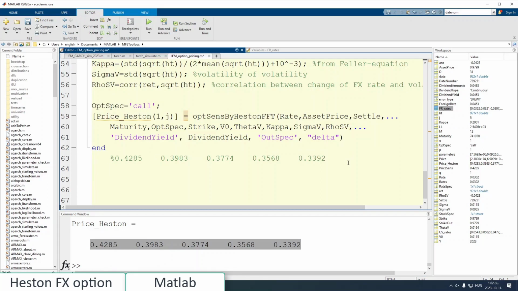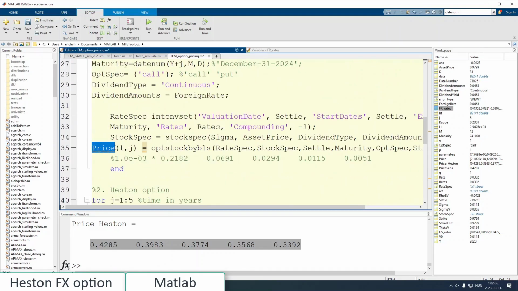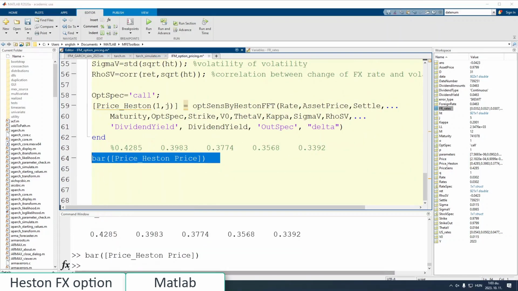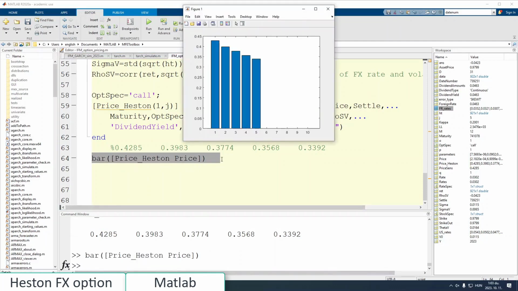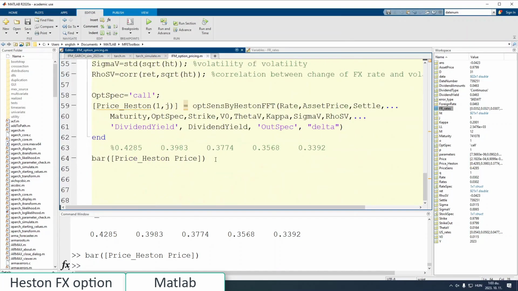them, because if we are saying bar, so we are creating a bar diagram between price Heston and the Garman Kohlhagen, which is just price. Then what happened with you, my dear?